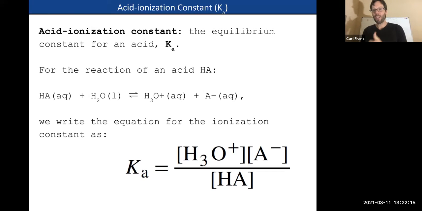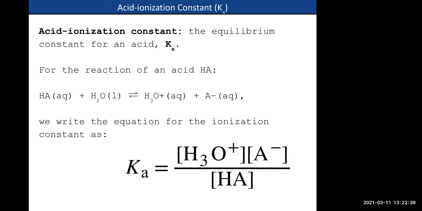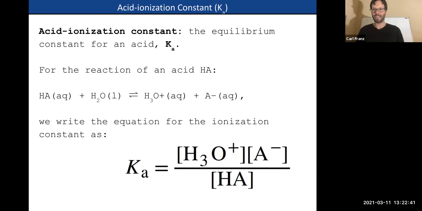That's what we can use to calculate the hydronium concentration for weak acids, in lieu of that direct relationship between the concentration of the acid and the hydronium ion concentration. And guess what? There's going to be another K for bases. Can anybody guess what that would be? Kb, yes. The base ionization constant, okay?